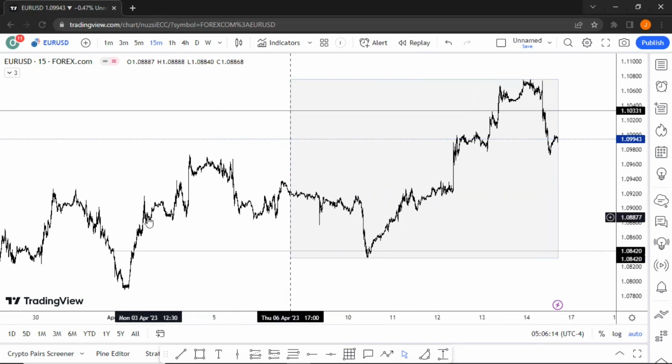We had Monday last week to Friday last week, and from the zoomed out view you will notice that this was Monday. Let me start from the opening price.